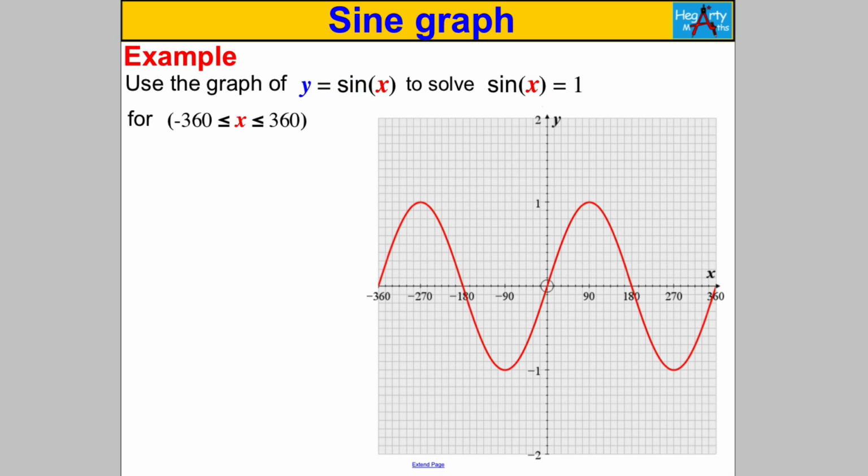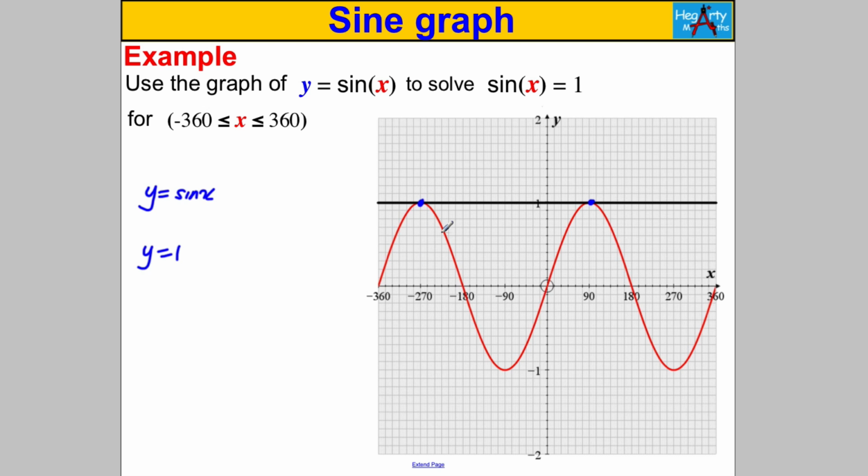Use the graph of y equals sine x to solve sine x equals 1. Pause the video, have a go. Well, if I want to see where my graph y equals sine x is equal to 1, what I'm going to draw is the graph y equals 1. And that graph looks something like this. And I can see 2 points where my graph equals 1, here and here.